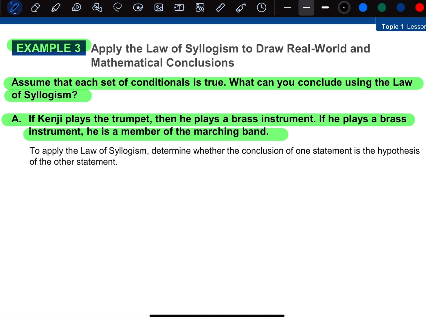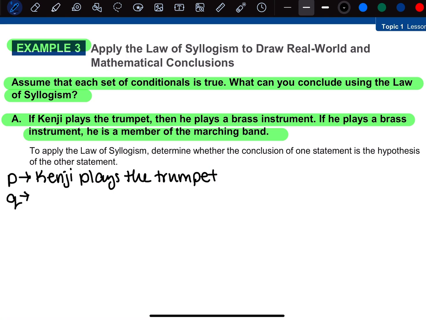First off, I would like you to identify the hypothesis, also known as P. P is Kenji plays the trumpet. Q is Kenji plays a brass instrument.